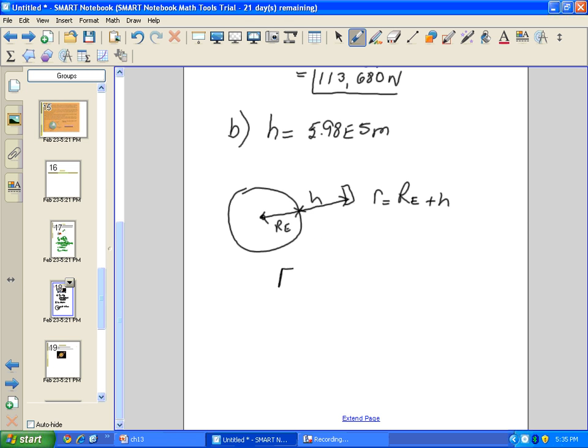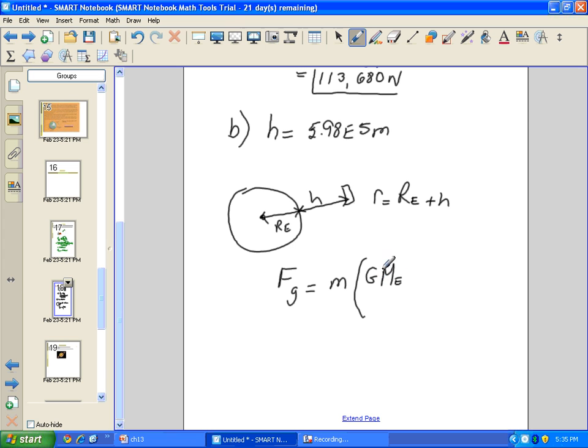So the force of gravity here is going to be the mass of Hubble times, let's see, we need to find the effective g, the little g effective. Of course, big G is a universal constant, so that never changes in value.